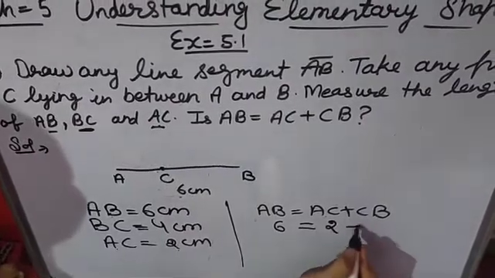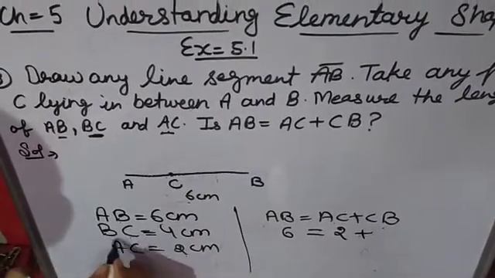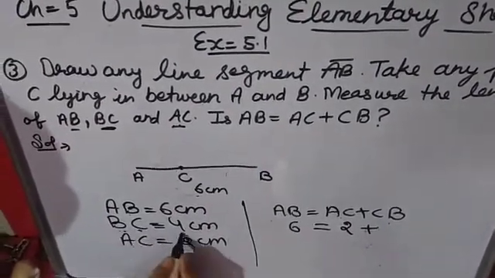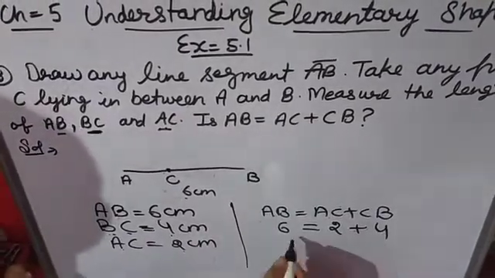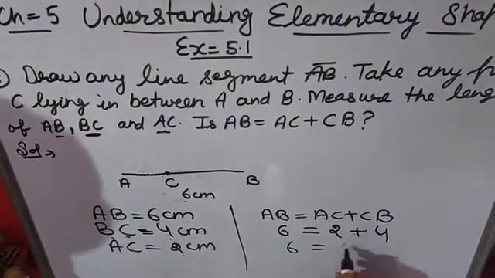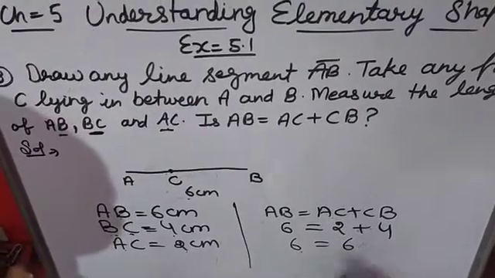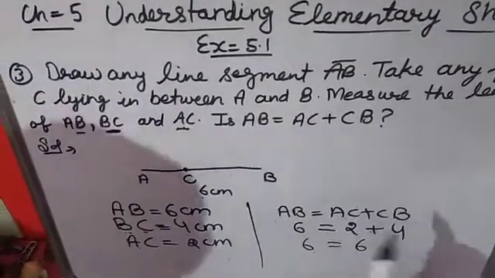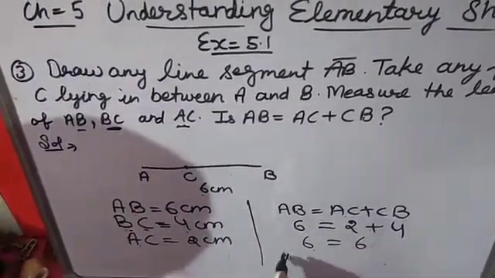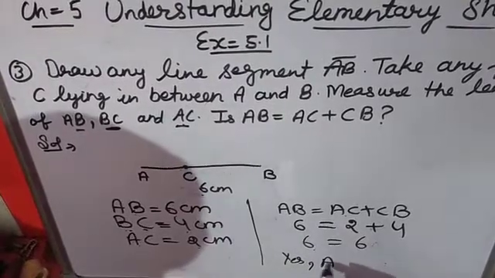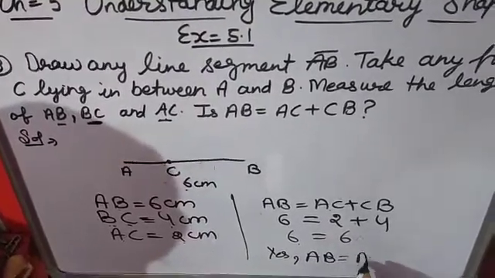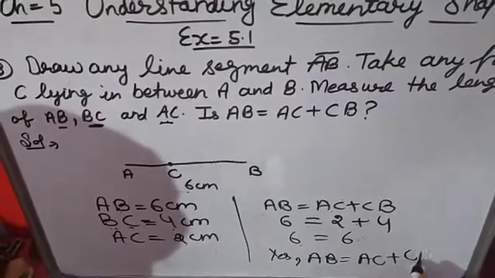Put 2 here. What is CB? CB and BC are same. CB is 4 centimeter. Put here 4. Now add this, 2 plus 4 is 6. So 6 is equal to 6. Left hand side is equal to right hand side. Yes, you will write AB is equal to AC plus CB.